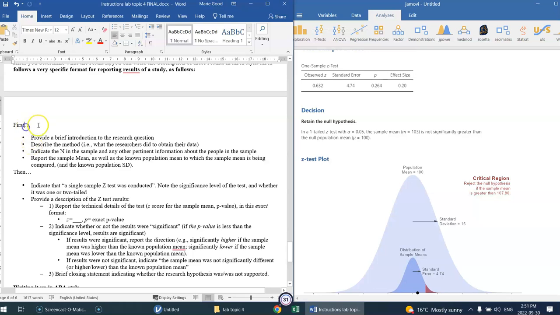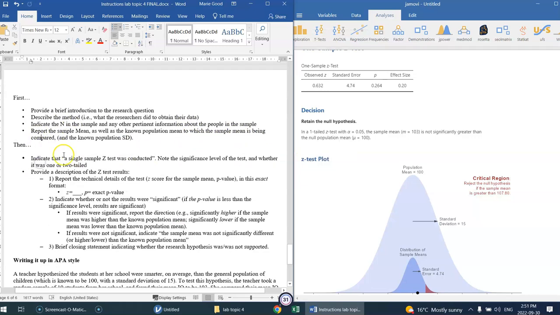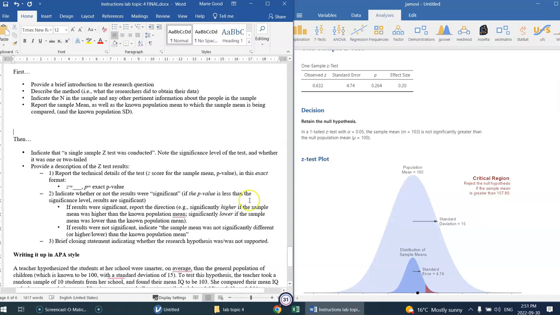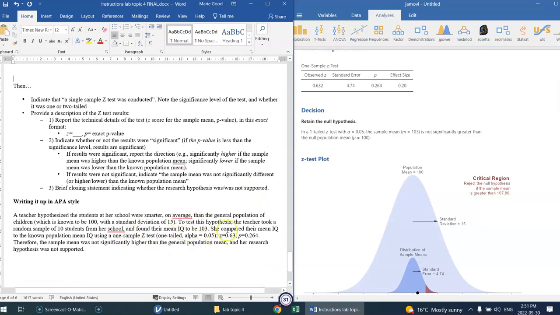Okay, so first, what do you do? You provide a brief introduction to the research question, describe the method, just very briefly, indicate the N, and any other pertinent information about people in the sample. Then you're reporting the sample mean, as well as the known population mean to which the sample mean is being compared, and also the known population standard deviation. So let's do this part first. Actually, I've got it all here.